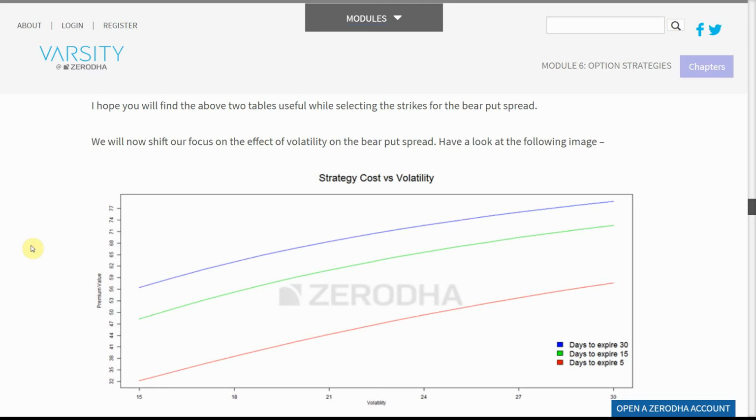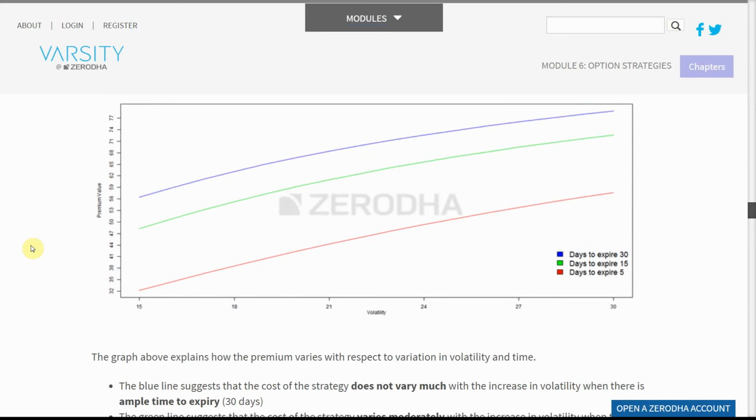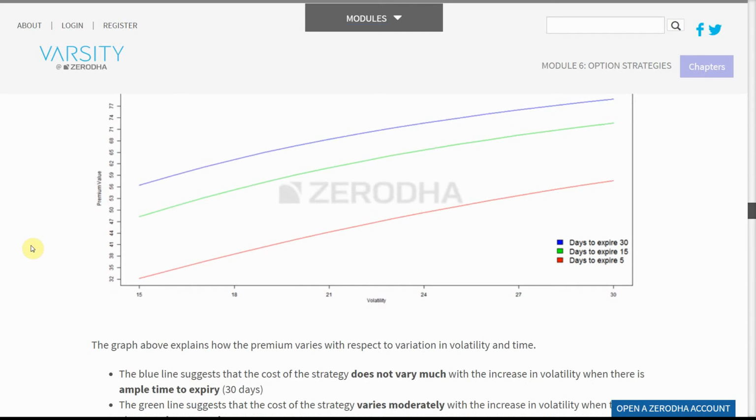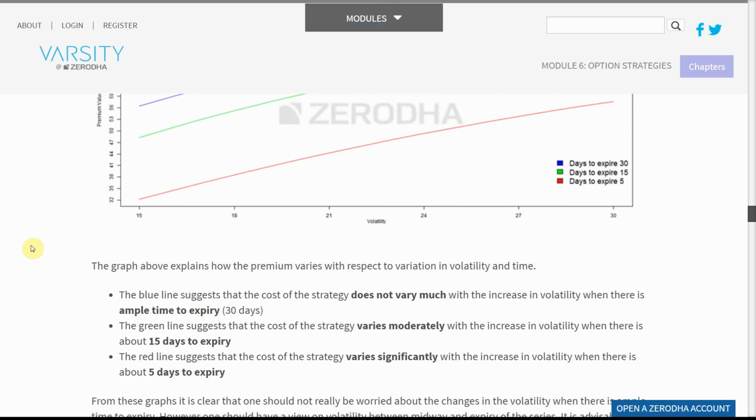The green line suggests that the cost varies moderately with the increase in volatility when there are about 15 days to expiry. The red line suggests that the cost varies significantly with the increase in volatility when there are about 5 days to expiry.